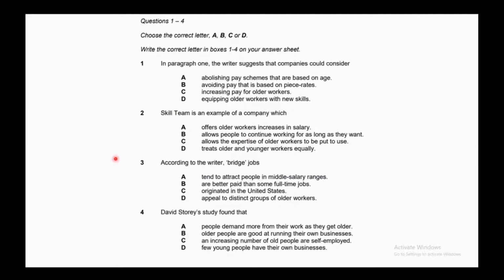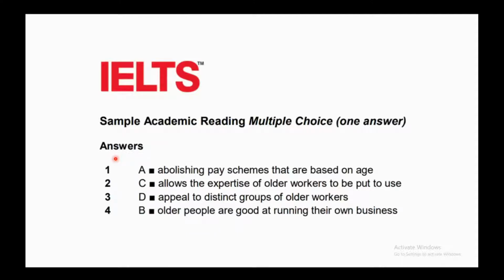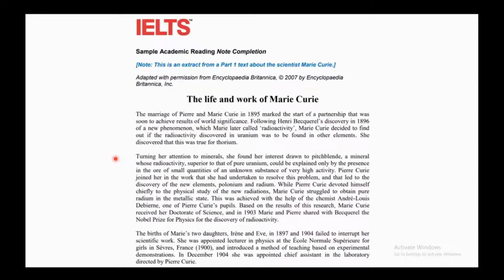These are the questions that you need to answer by reading the paragraph. These are the answers. This is the paragraph that you need to read and then answer the questions given at the end of this paragraph.